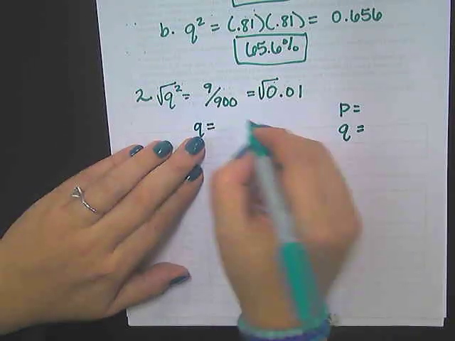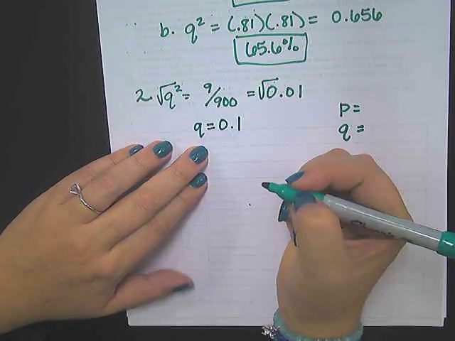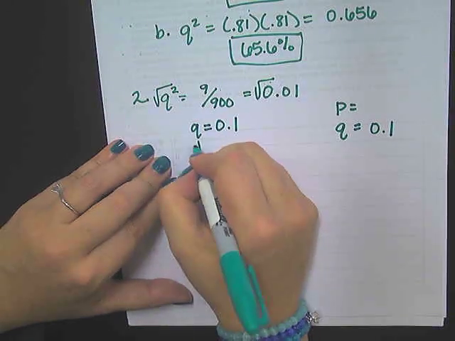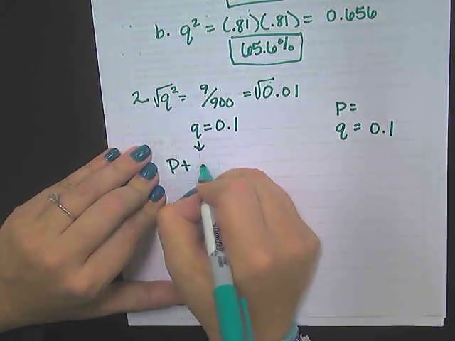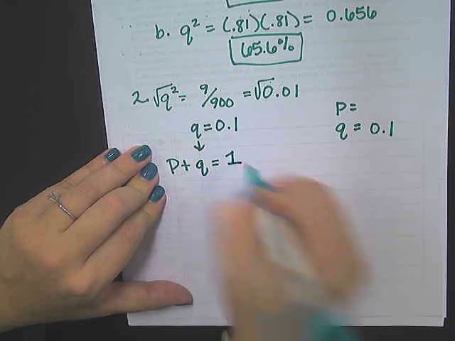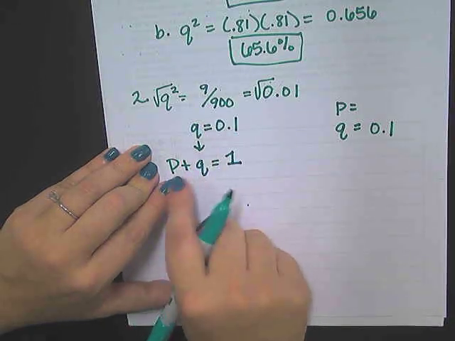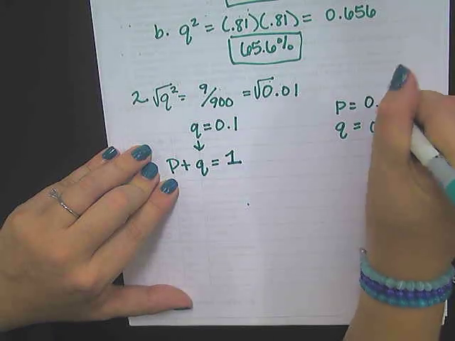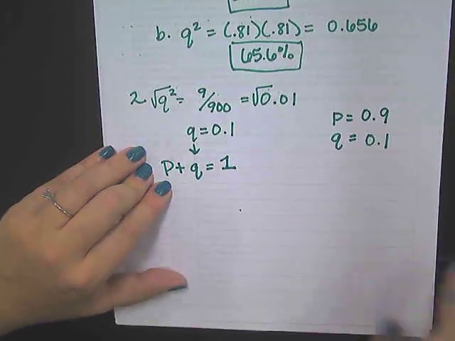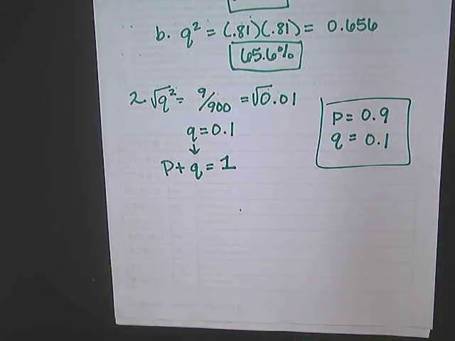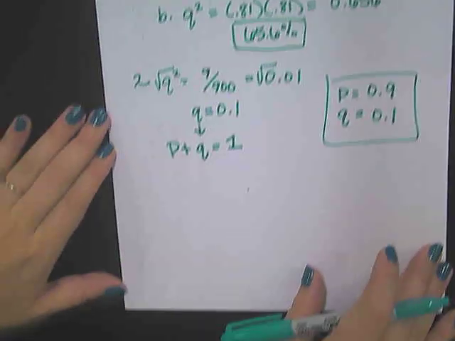So q is going to equal 0.1. Now I can take that q and plug it into this equation. So p, once I plug in that value of 0.1, I can see that p comes out to 0.9. Those are my allelic frequencies, not the genotypic frequencies. That's what they were asking for in this problem.